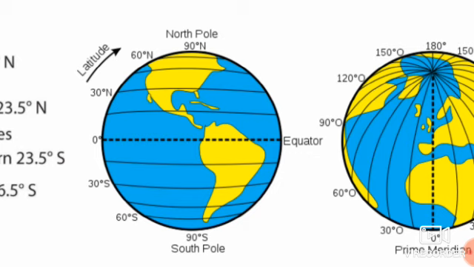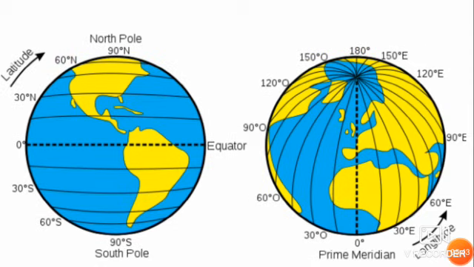All the other parallels get smaller in size in proportion to their distance from the equator towards the pole. It depends upon the distance from the equator to the poles, so the latitudes get smaller towards the pole.